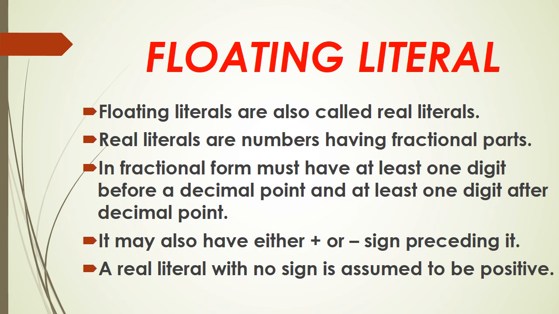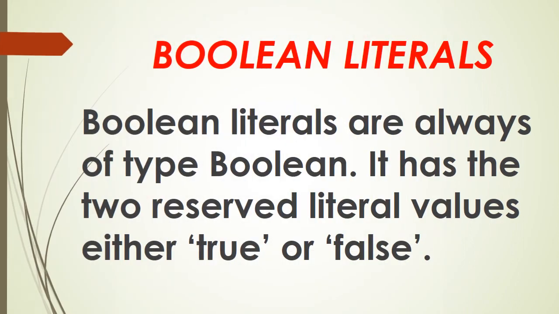So there should be at least one digit before the decimal point and at least one digit after it. And like the integer, it can have a plus sign or a minus sign. Positive or negative floating literals are both possible. A real literal with no sign is assumed to be positive. So these are the rules for floating literals.